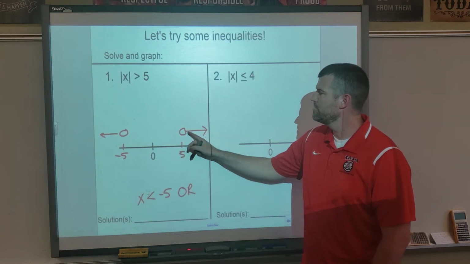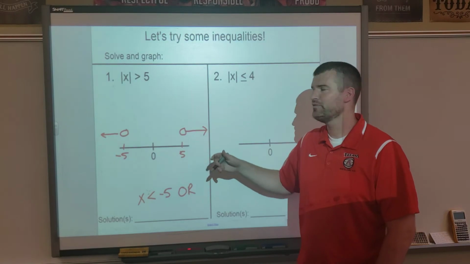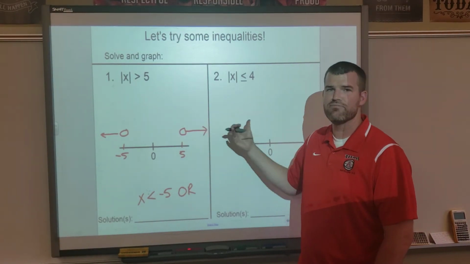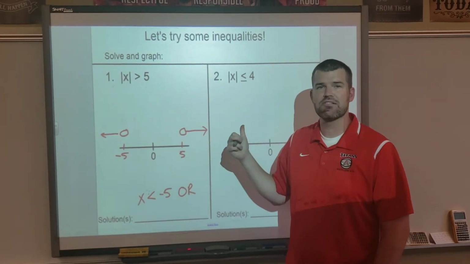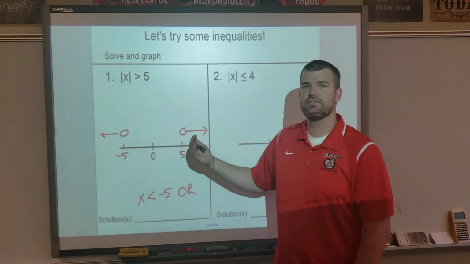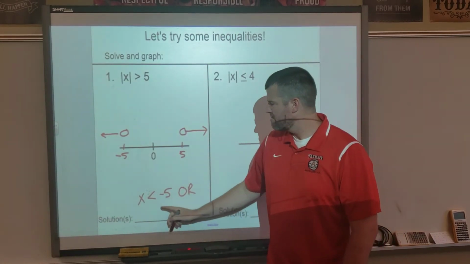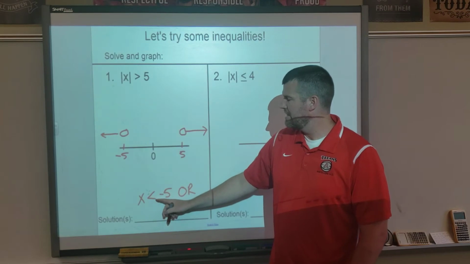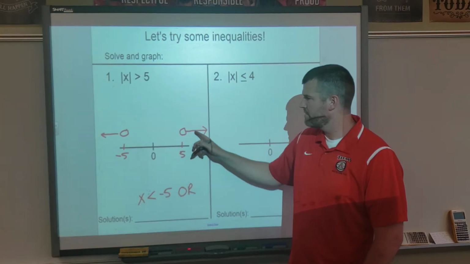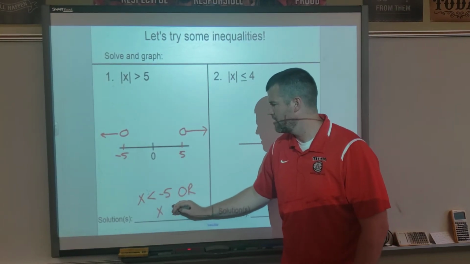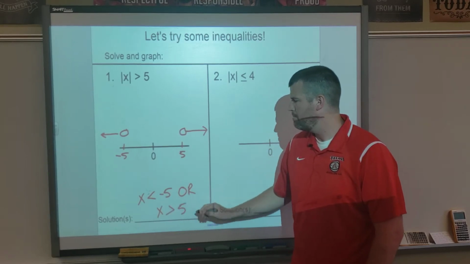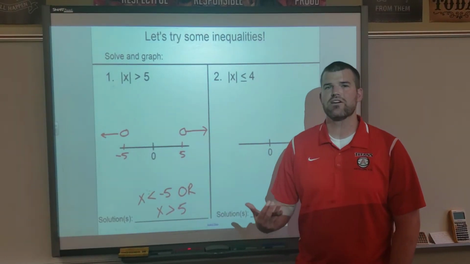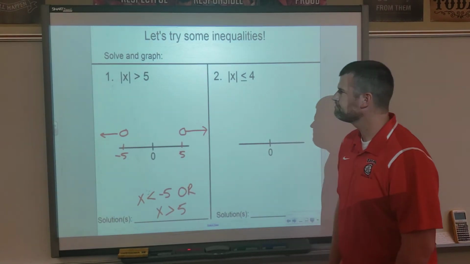We have any number that's greater than 5, right? If we go to 22 or 5 million or 1,003,000, those are all more than 5 spots away from 0. So we have all numbers that are less than -5, or for this one, we have all numbers that are greater than +5. Those would be our various solutions.